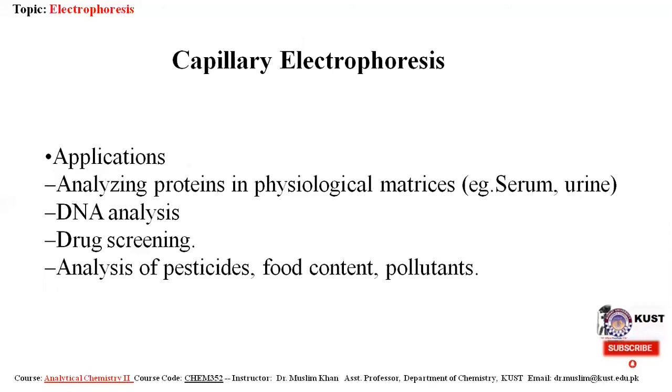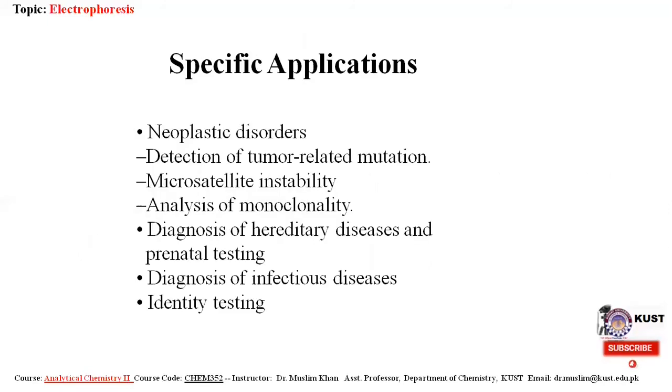Analysis of pesticides, food contents, pollutants, all these things can be analyzed by capillary electrophoresis. These were the general applications. Specific applications: for neoplastic disorders, detection of tumor-related mutations can also be studied by this capillary electrophoresis technique. Microsatellite instability, analysis of monoclonality, diagnosis of hereditary disease and parental testing, diagnosis of infectious disease, identity testing. So it can be used as a qualitative technique as well.